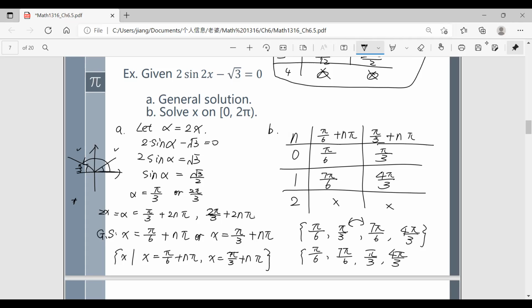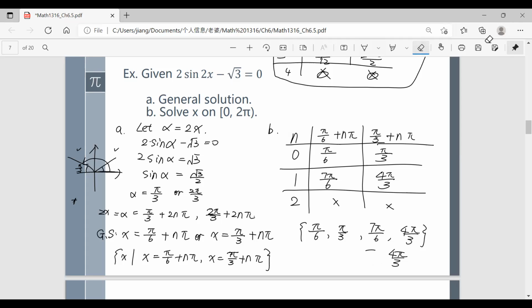Oh, am I correct? I don't need to move the position because pi over 3 is smaller than 7 pi over 6. So I made a mistake, and there's no use to rearrange them. Just keep these 4 angles.